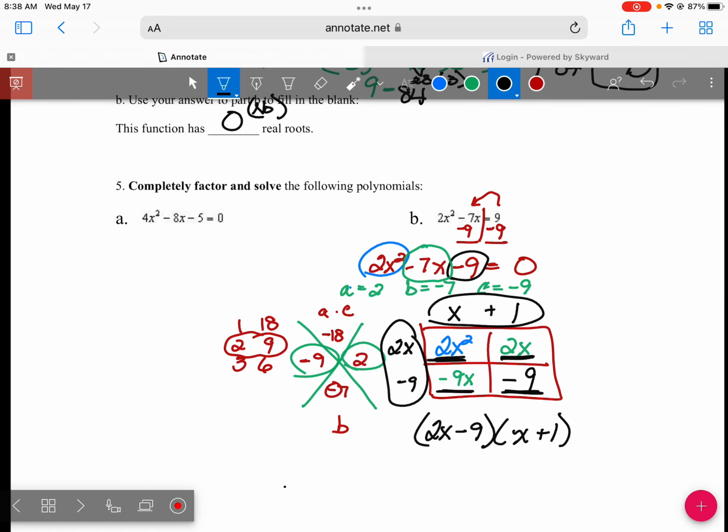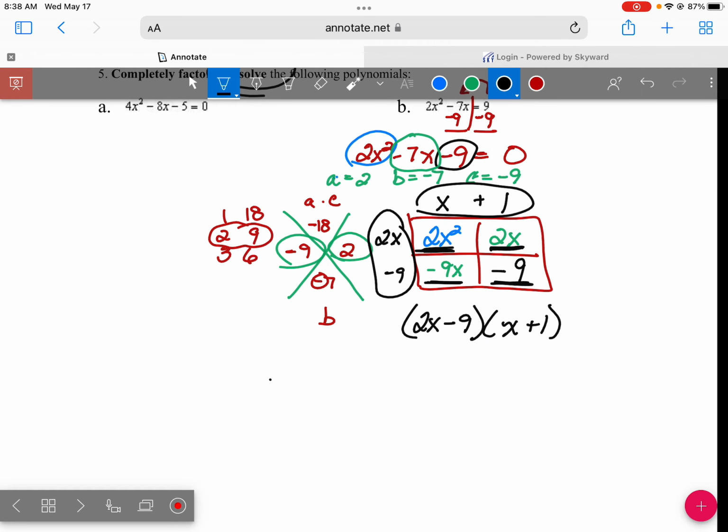No, it says to solve. We have to solve for x. Now, we already said it's equal to 0. It's still equal to 0. And when you have two factors that multiply to give you 0, at least one or both has to be equal to 0. So we set each of them equal to 0 and solve for x. So take the first factor, 2x minus 9 equals 0.